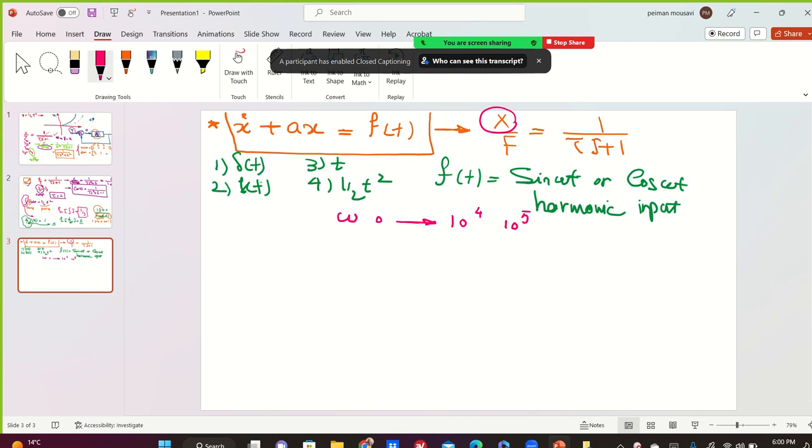How is it going to behave? The name of this analysis in control is frequency response. This is a technical name.